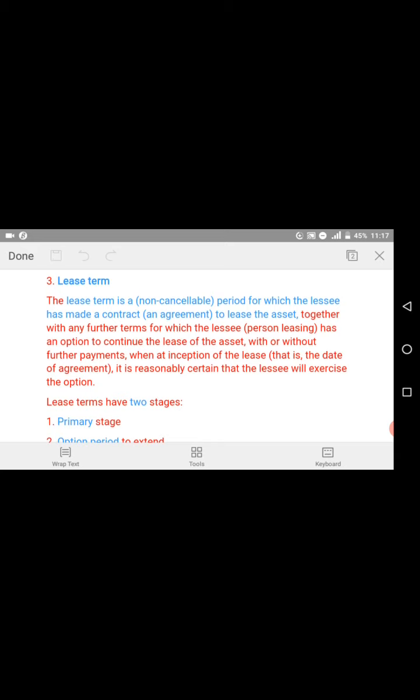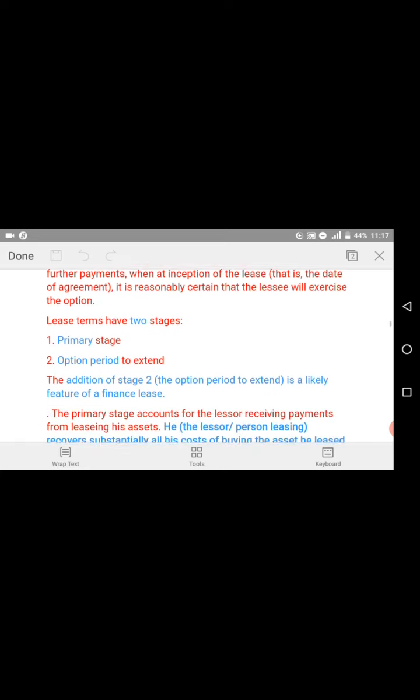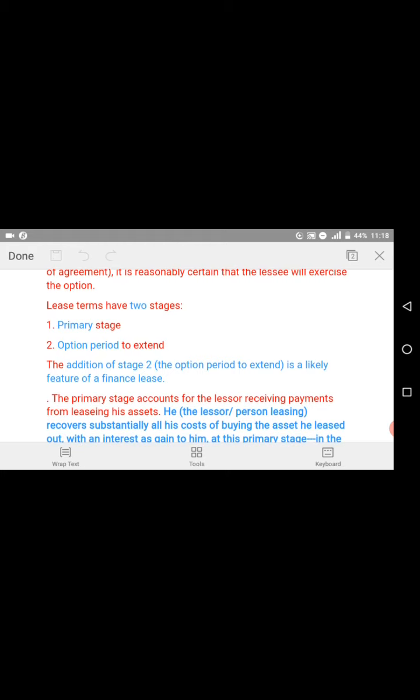The first of the stages is the primary stage, then the second is the option period to extend. The addition of stage 2, the option period to extend, is a likely feature of finance lease, and we'll know why shortly. The primary stage, this is why the primary stage accounts for the lessor receiving payments from leasing his assets.